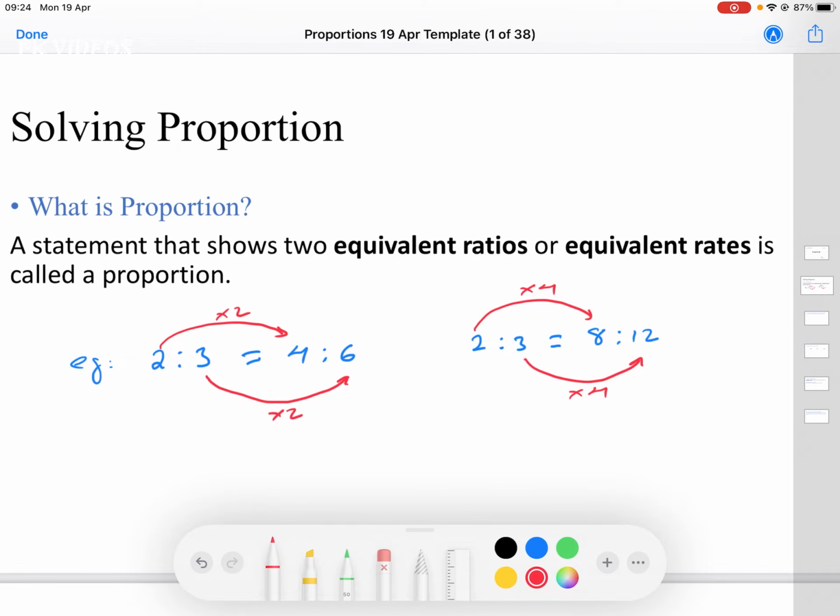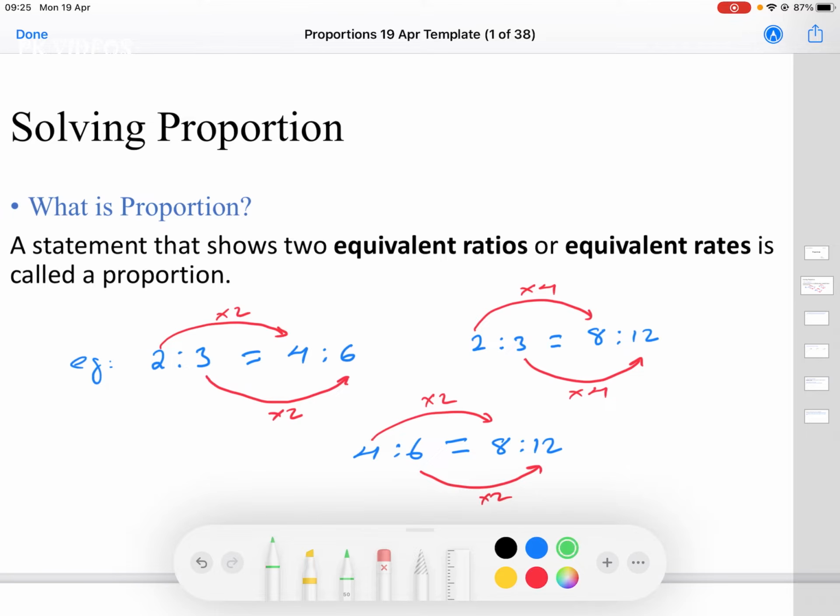Therefore, we can also see that 4 is to 6 is also equivalent to 8 to 12. When you multiply 4 by 2 and 6 by 2, we get an equivalent ratio.